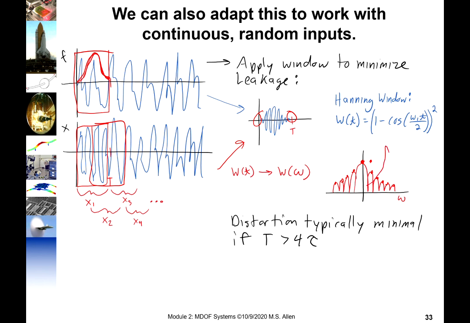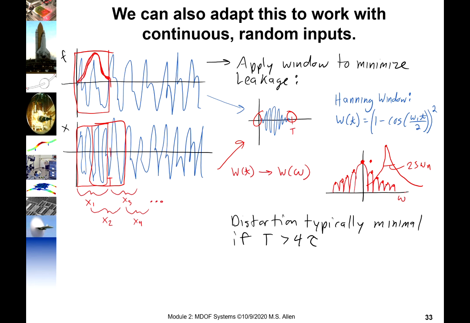Well, remember that the FRF that we're trying to measure has a peak, right? And the width of that peak is related to 2 zeta omega n, which is related to the time constant.